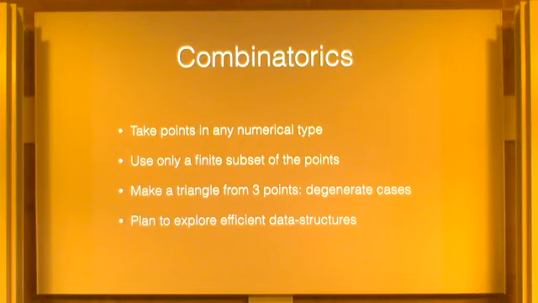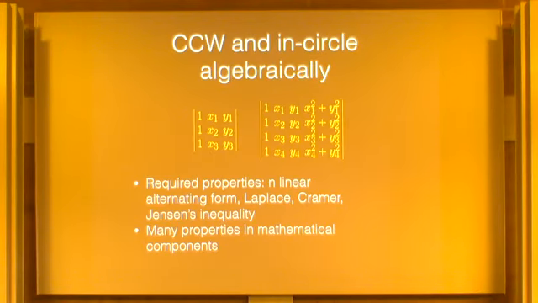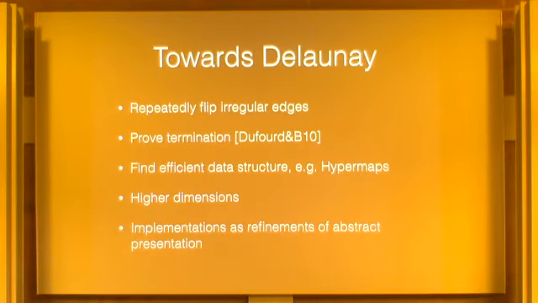And then if we want to move towards efficient implementation of the algorithm, we may have to explore more efficient data structures. And my co-author in the paper of 2010, Dufour, advocated using hypermaps, which are actually the same kind of data structures that Georges used for the 4 colors here.